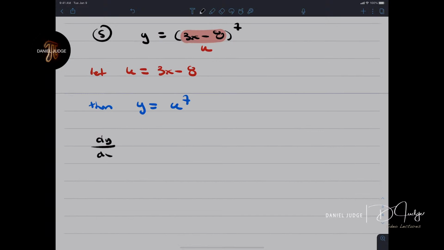dy dx, dy du, du dx. Here's my chain rule. So in blue and red, we have some work to do.